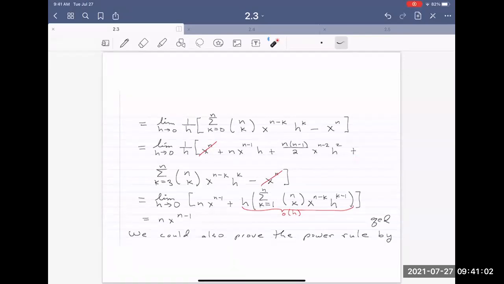Plus, well, all the remaining terms. I wrote out 0, 1, and 2, so the remaining terms go from k equaling 3 to n of n choose k, x to the n minus k, h to the k, minus, well, this last term, x to the n. Any questions on how I wrote out the first 3 terms for that summation?